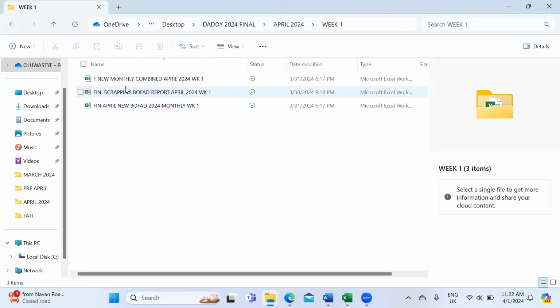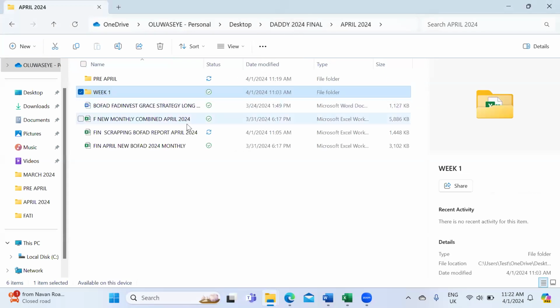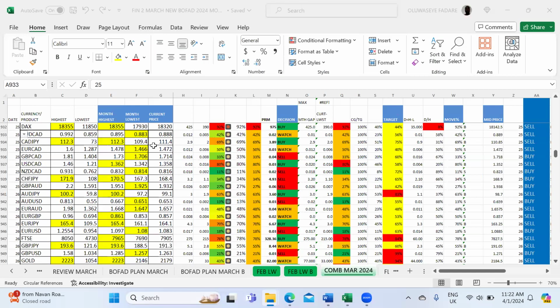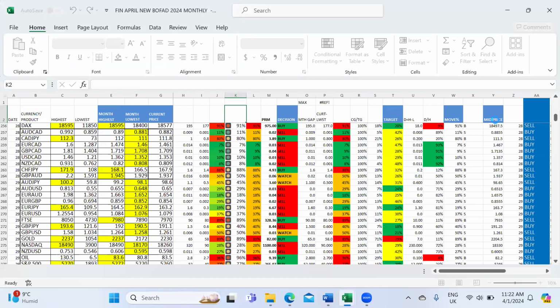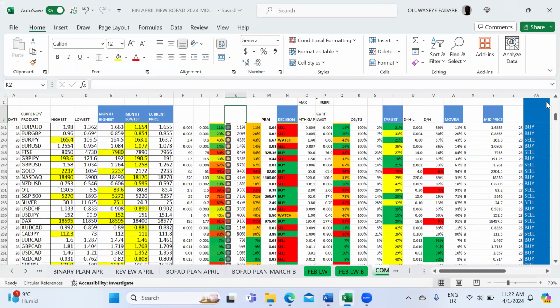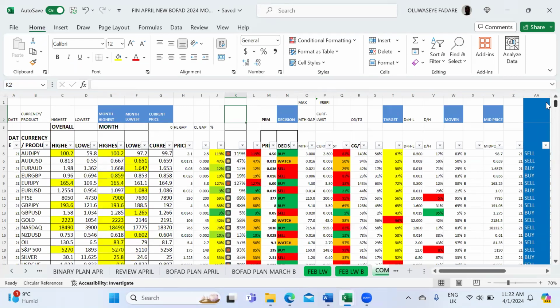Okay, so I'll be looking at a bit of April Bofad monthly, as you can see here. So April Bofad monthly will be where I'm going to get my final update from. So remember, this ended at 25. Okay, so I'm going to get the rest for the rest of the month from the April report, which you are going to see here.